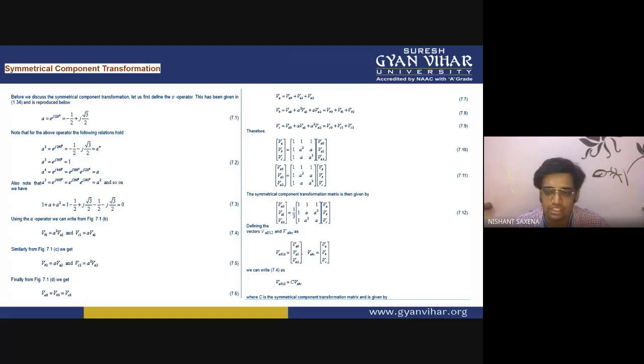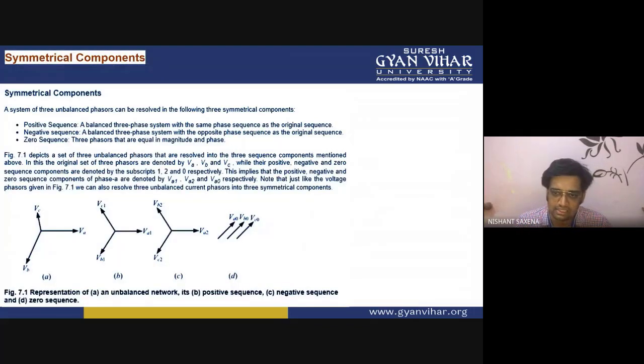Now, for the negative sequence, if I write out the negative sequence components for phase B and phase C, I can write it like this: VB2 is equal to alpha VA2, VC2 is equal to alpha square VA2.